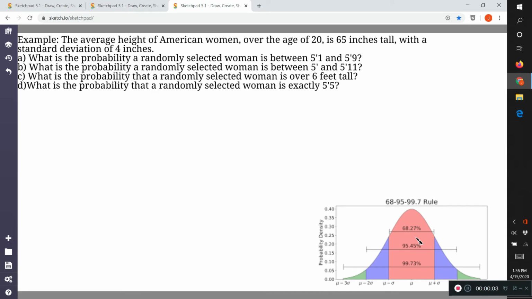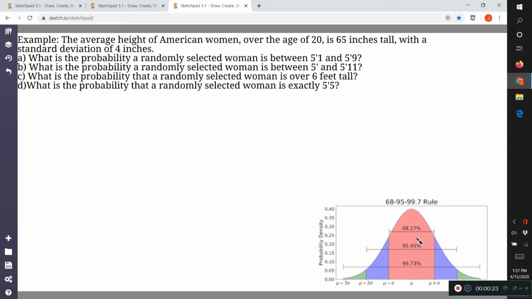So I got this information from a public source stats site. The average height of an American woman over the age of 20 is 65 inches tall. So that'd be 5 foot 5 inches tall, with a standard deviation of 4 inches.